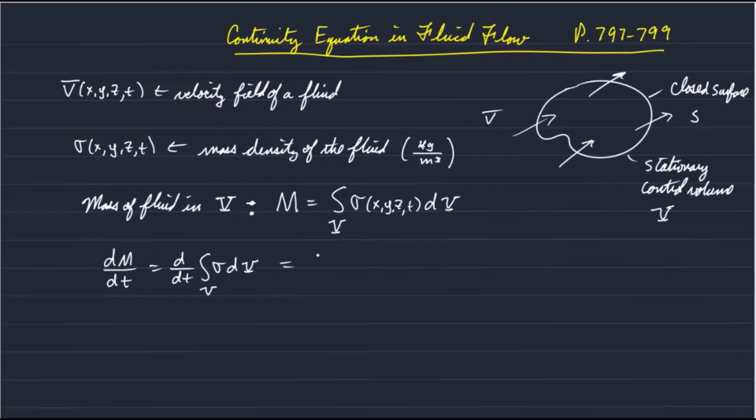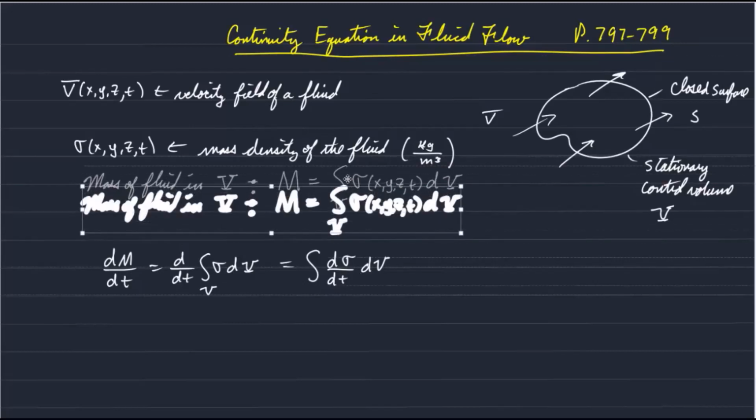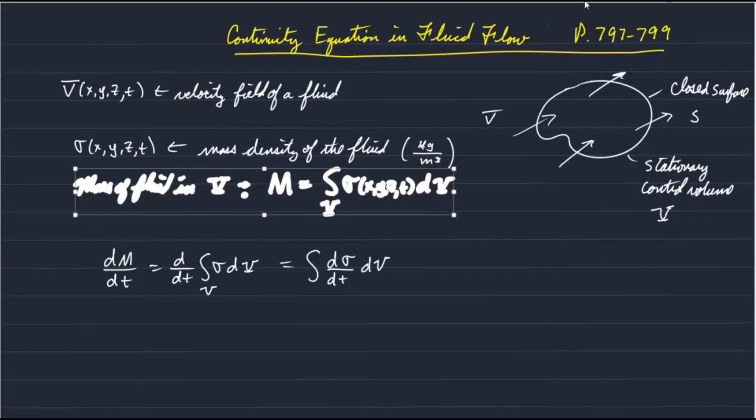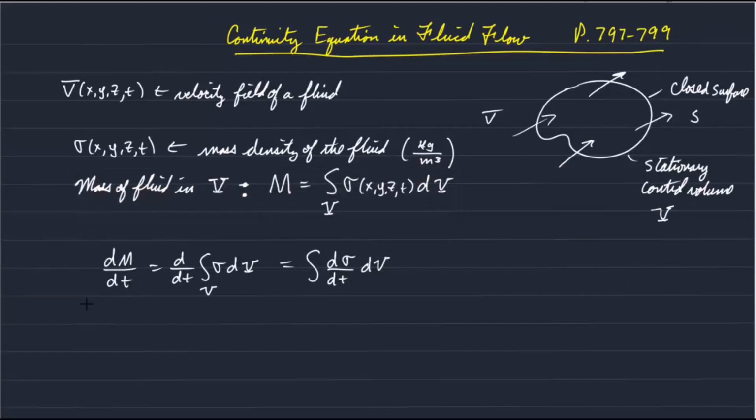The only change that could be happening is with density. So the rate change of the mass of the volume is related to the rate change in the density in the volume.